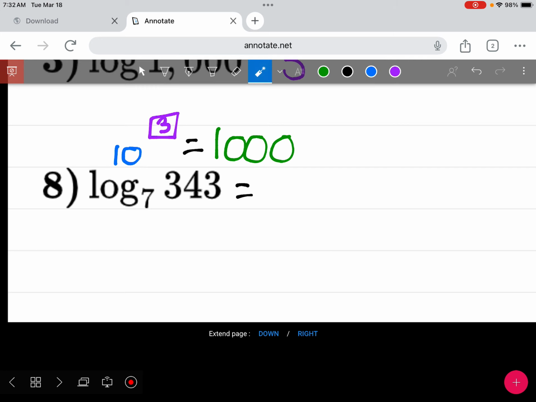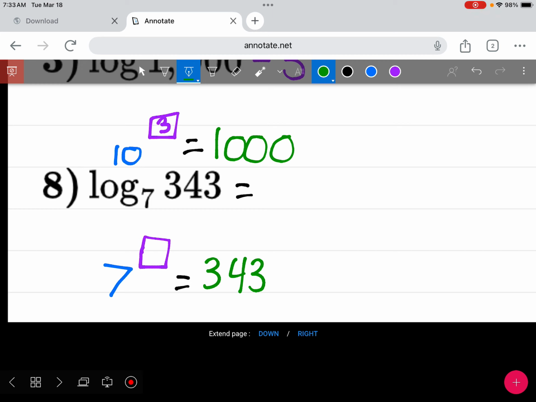Unfortunately, our calculators cannot put in a log base 7, and I haven't shown you how to get there yet. So think about setting it up the way we did above. 7 to some power equals 343.